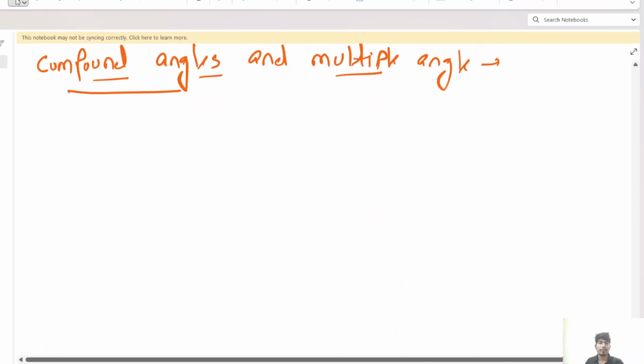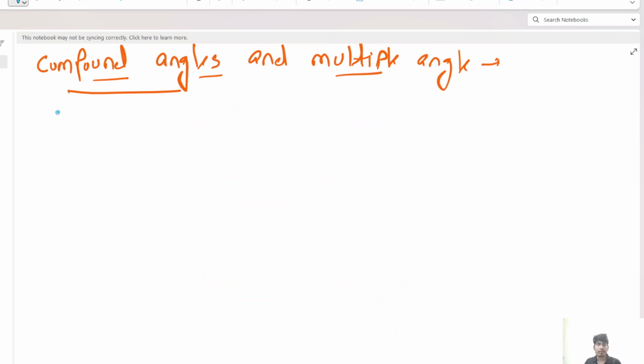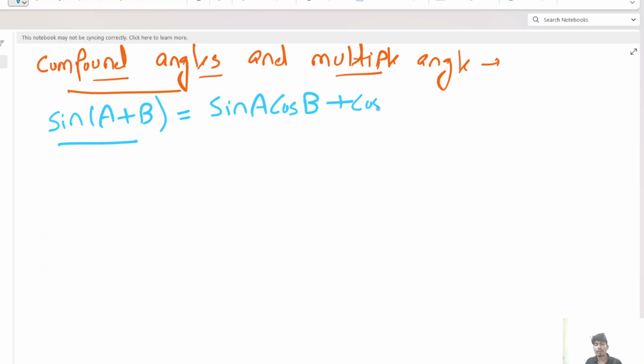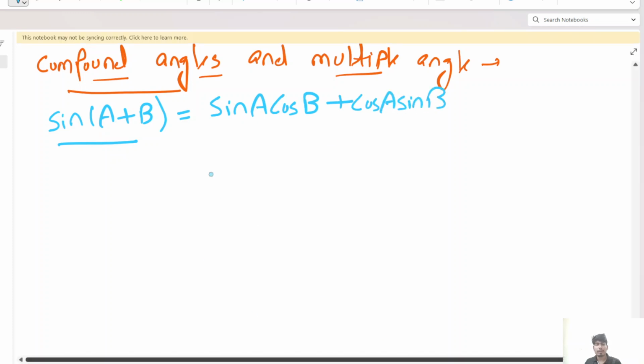So now we know compound angles and multiple angles. We take some formulas. First is sin of A plus B. These are formulas, okay. Sin of A plus B is sin A cos B plus cos A sin B. These are called compound angles, meaning A plus B, okay.